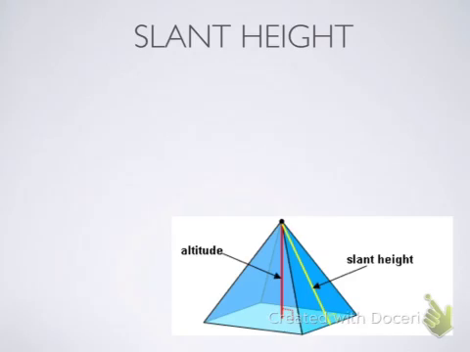One thing that's going to be significantly different from the lessons I've been teaching lately is I've really been stressing altitude, but when it comes to the pyramid and its surface area, we are only taking the area of the outside of the pyramid, so we will not be using this altitude.